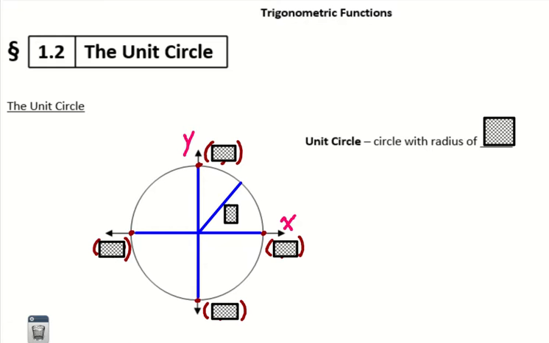What else is there to know about the unit circle? Well, basically its radius. So if you had to guess, the unit circle is a circle with a radius of what? What would you guess? It's the length of the radius, 1. So that's it. A unit circle is drawn on the xy plane, and its radius is 1.